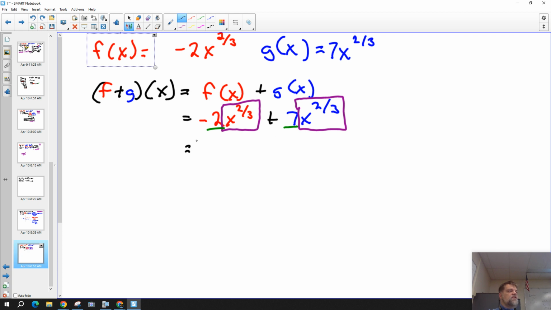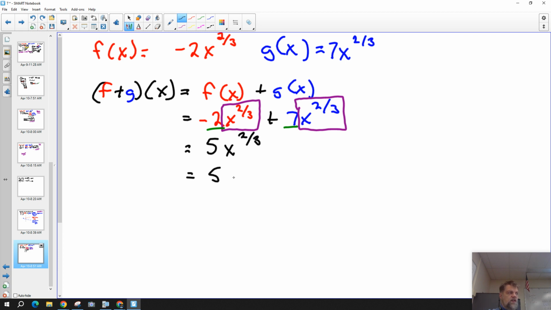So anyway, 7 minus 2, that's just positive 5 x to the 2/3, right? Okay, it wants us to state the domain. So I'm going to rewrite this in radical form.